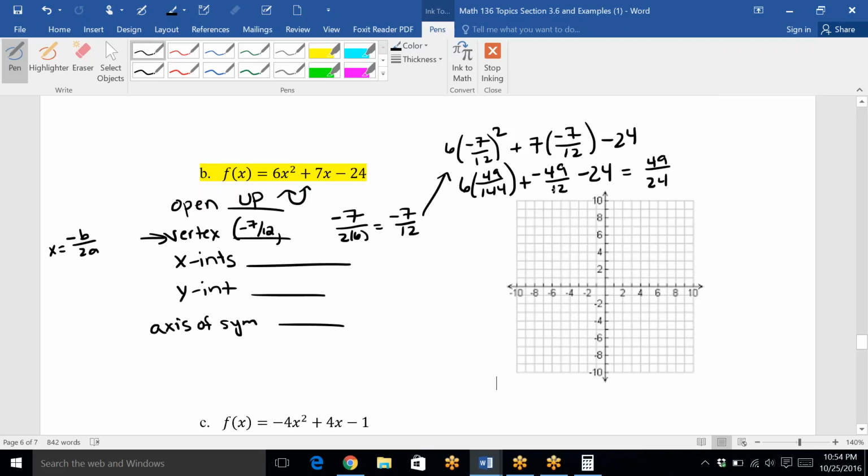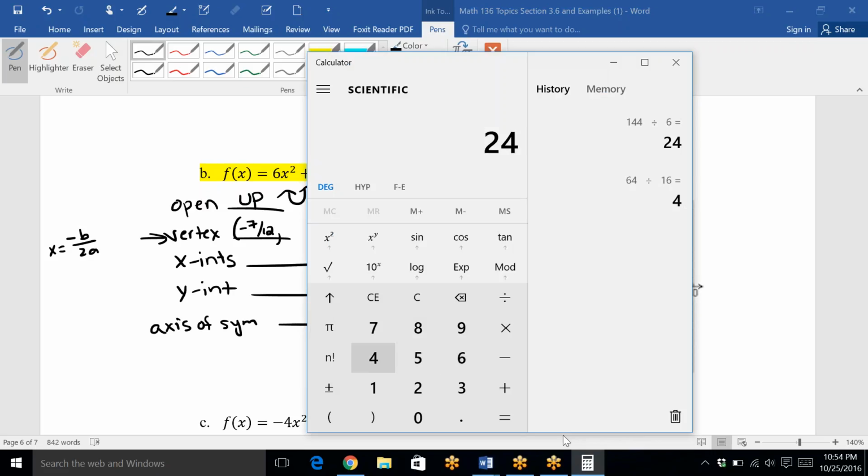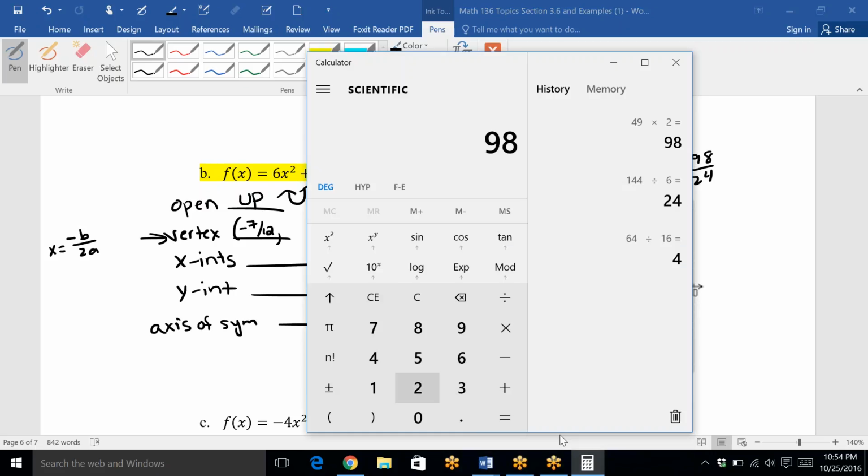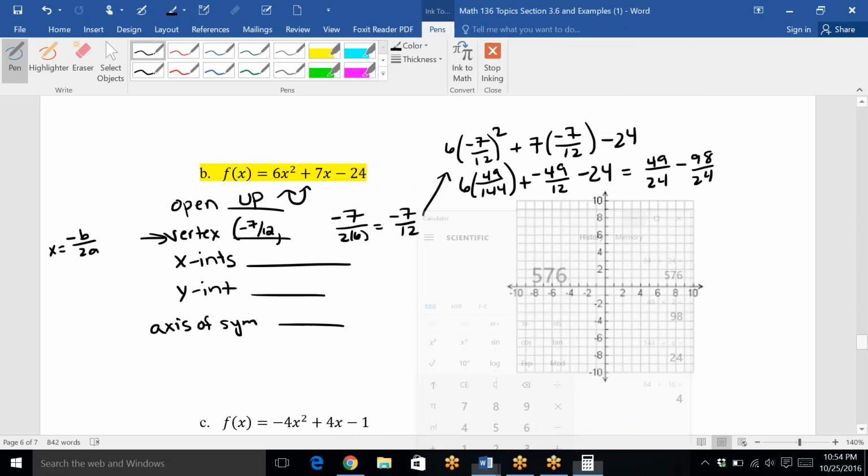I'm going to go ahead and double this denominator and double this top so that I can then add those together. So 49 times 2 is 98, so this would be negative 98 over 24. And I'm going to go ahead and get this to have a common denominator as well. 24 times itself is 576, so minus 576 over 24.